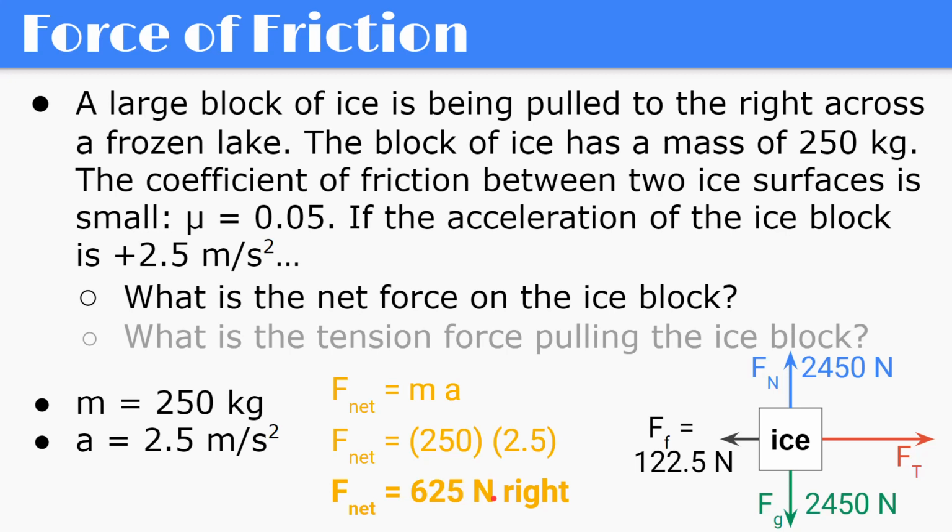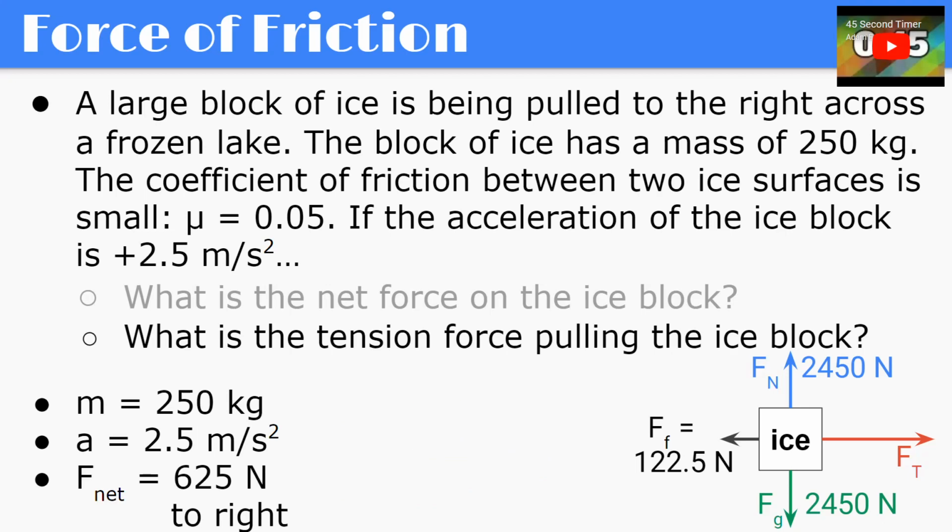That's the first question. The second question says, what is the tension force pulling on the ice block? Well, once I know the net force, I can find that because I also know the force of friction. And I know the net force is the sum of the forces acting on the object. By the way, it's down here now, net force 625 to the right. Because my net force is all of those rightward forces plus all of those leftward forces, keeping in mind that the ones to the left are negative, I can solve for Ft.